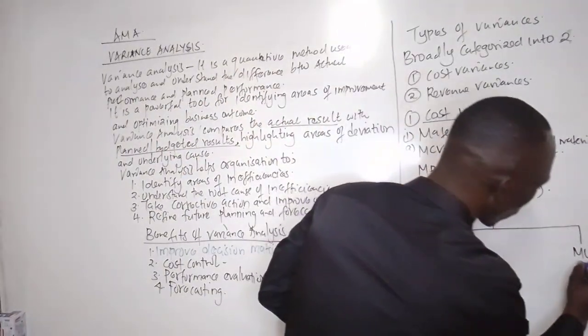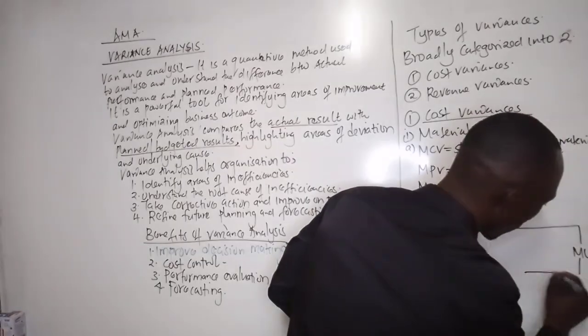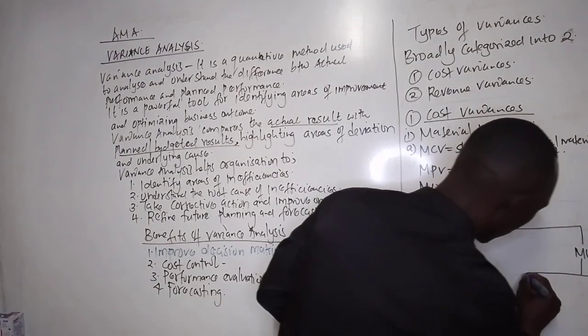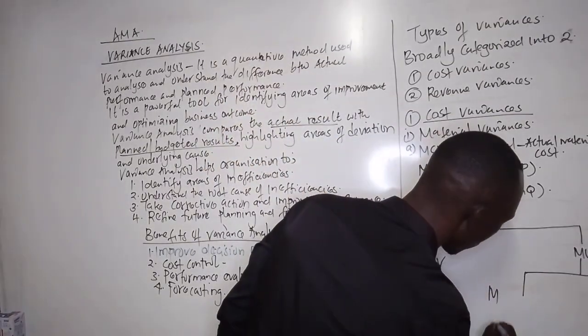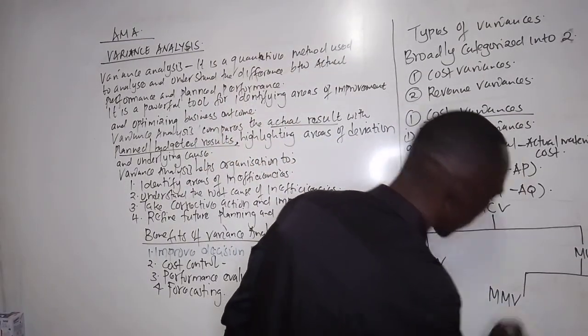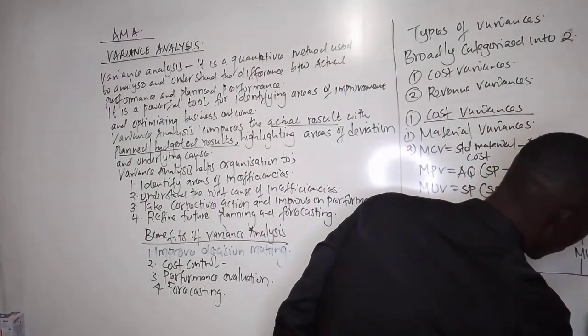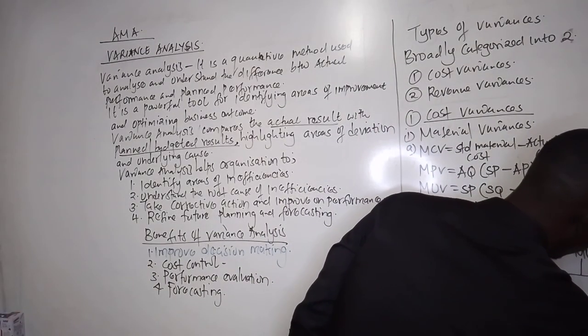So this material cost variance can be further subdivided into what we call the material mix variance, and also the material yield variance.